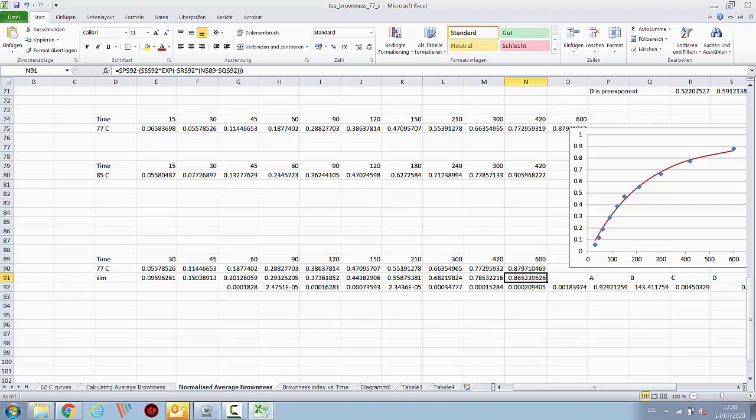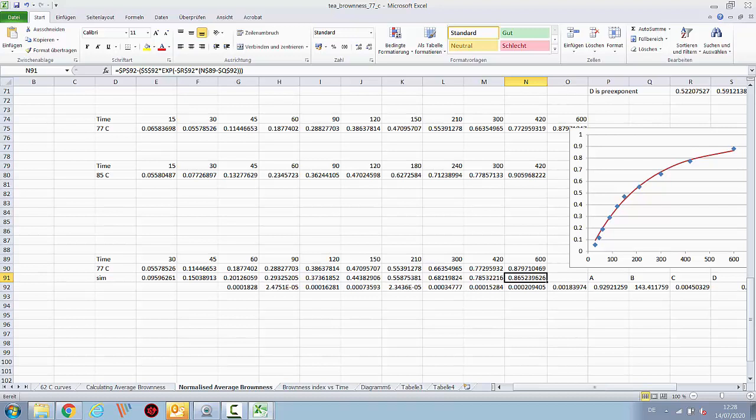There's a pre-exponent multiplied by the exponential of R, which is C here, multiplied by n minus q, where n is the data point, that's the time, minus b.